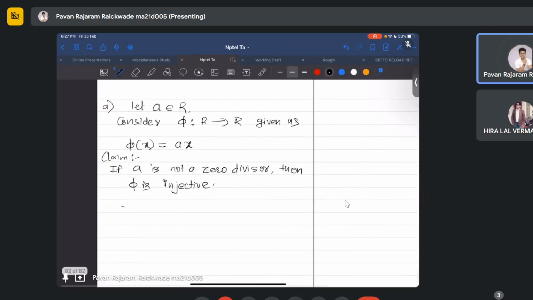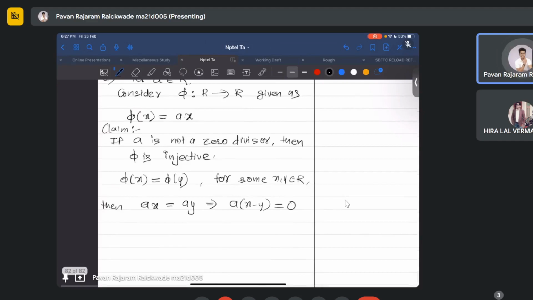So let's say phi of x is the same as phi of y for some x, y. Then you have ax is the same as ay, which implies a times (x minus y) is 0. But because a is not a zero divisor, x minus y has to be 0.